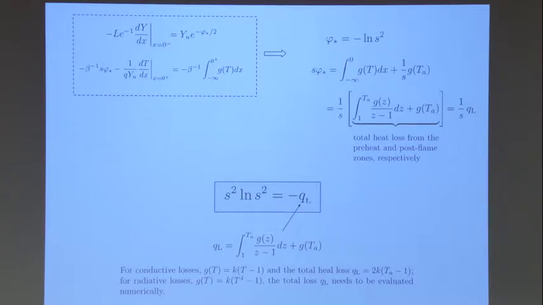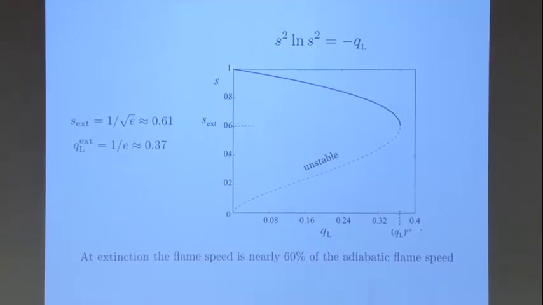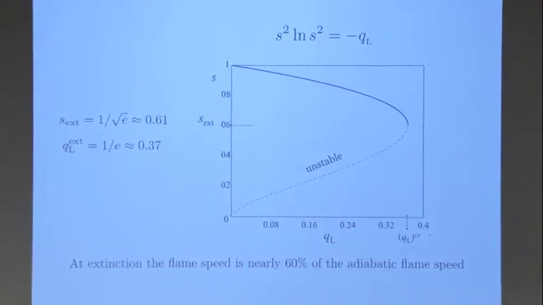Now let's see what that plot is. By the way, the fact that it's negative here, don't be disturbed by it. The log of a number less than 1 should be negative, and so that's perfectly fine. And that's the graph. So the graph shows that when QL is 0, no losses, the speed is 1. It's the adiabatic flame speed, right? The laminar flame speed.